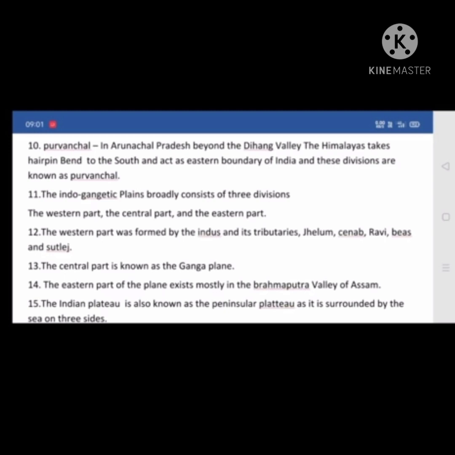Next, important point, Purvanchal. Purvanchal is a one mark question.